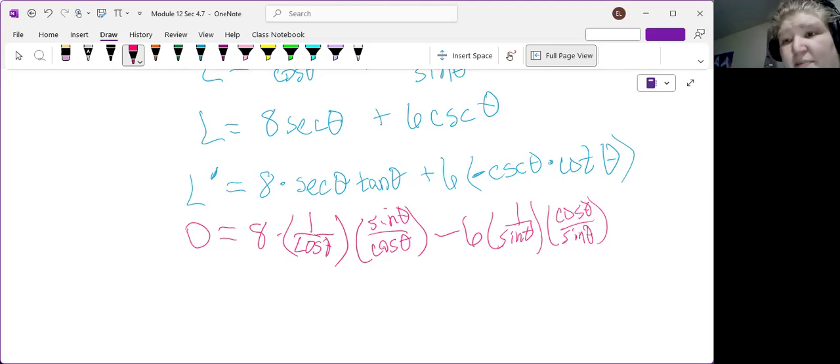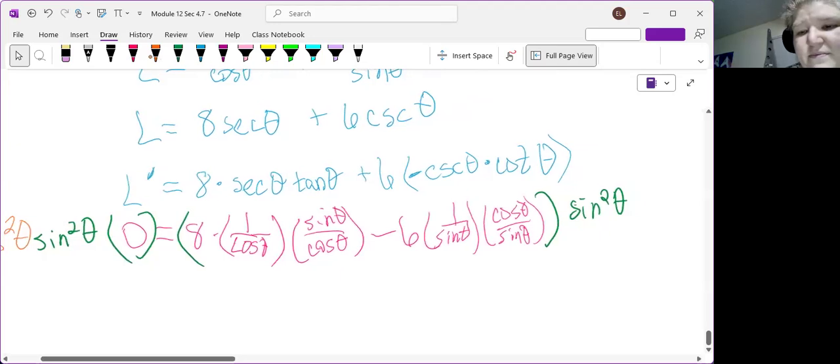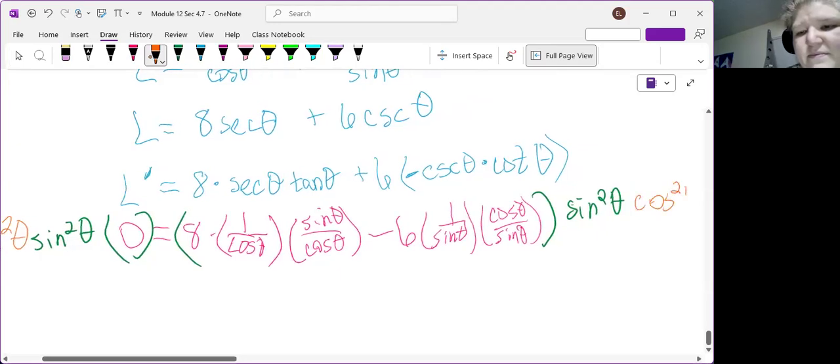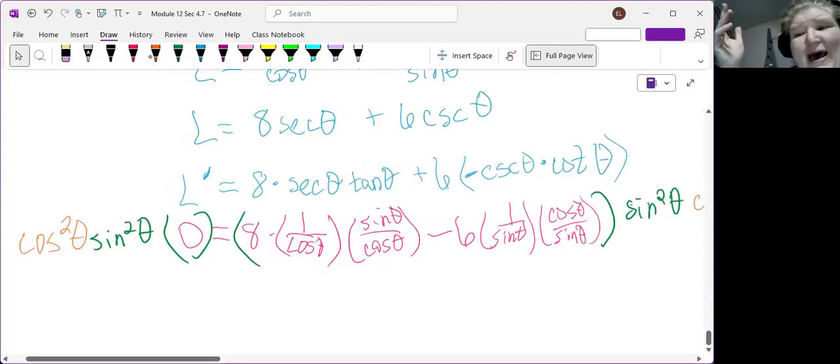So I'm going to multiply by cosine squared and sine squared on both sides. Now on the left, it's being multiplied to the 0, so haha, it goes away.